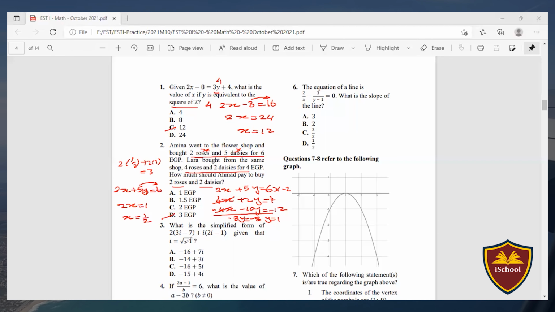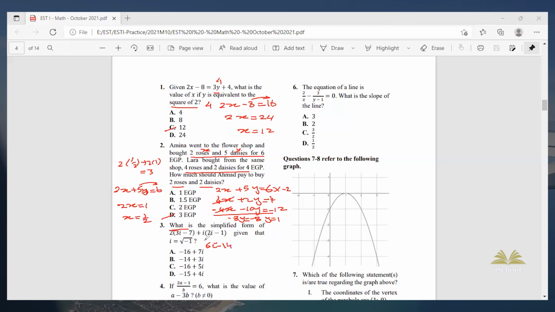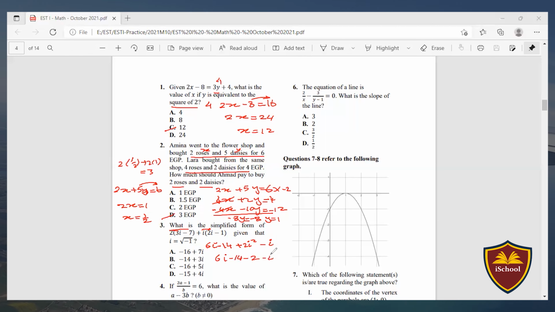In question number 3, we have complex numbers, and we have 2 times 3i minus 7, so we will distribute. So we have 6i minus 14, and i times 2i, which equals 2i power 2, minus i. We know that the value of i power 2 is negative 1, so we have 6i minus 14 minus 2 minus i.